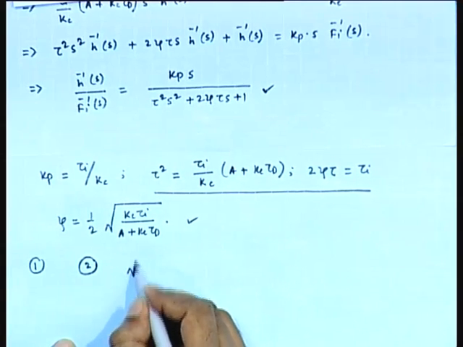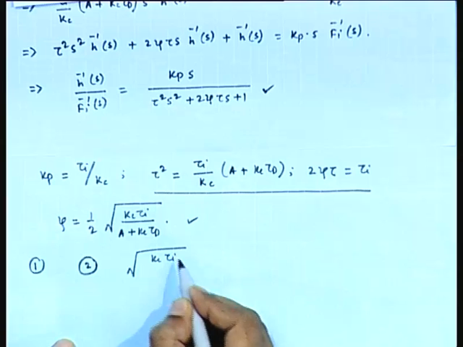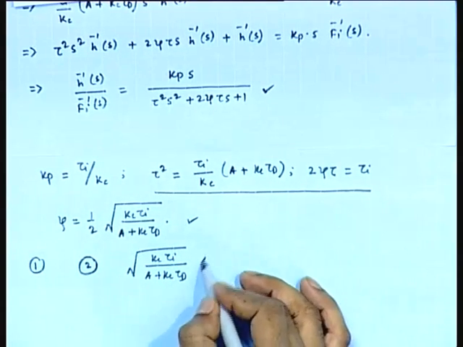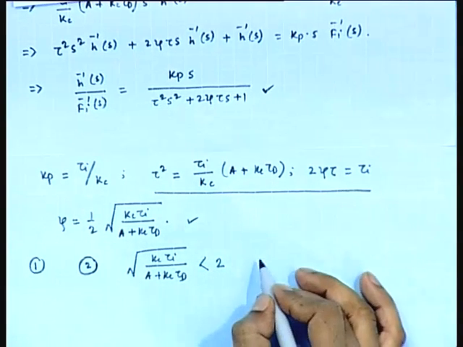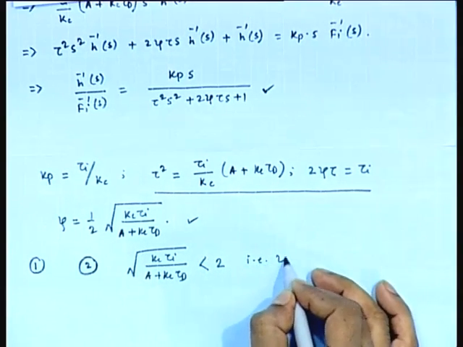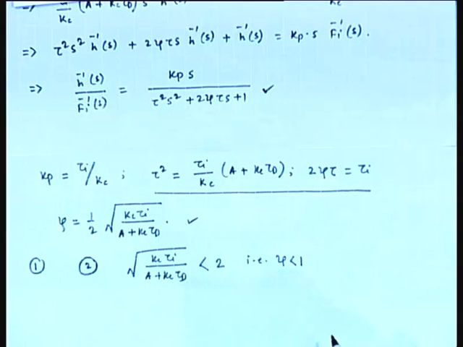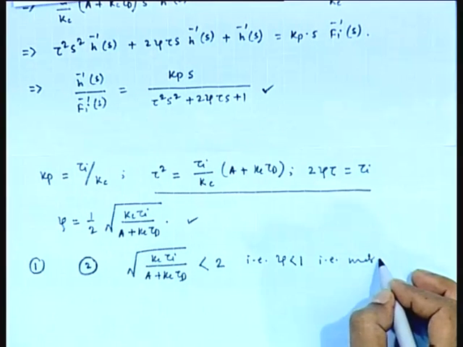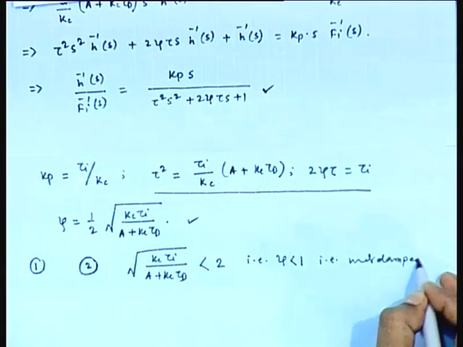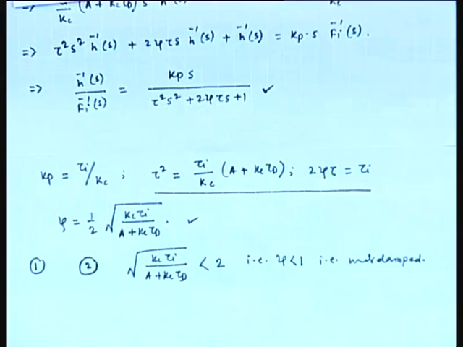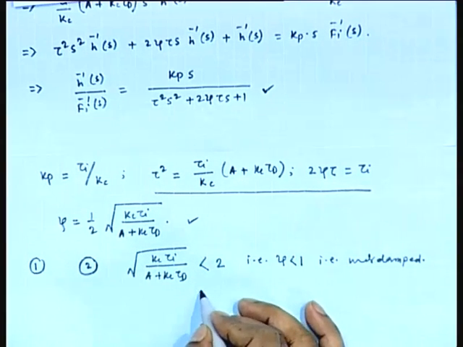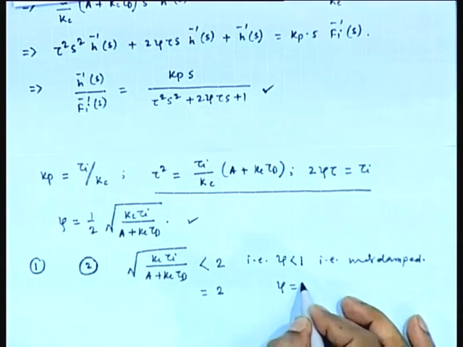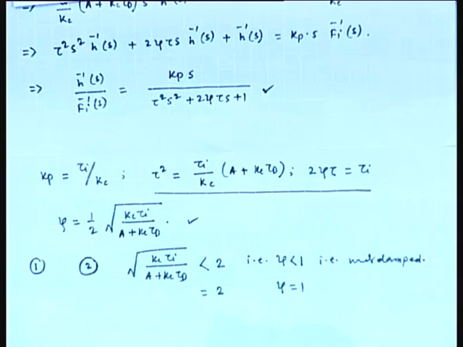If root over of kc tau I divided by a plus kc tau d is less than 2, then zeta is less than 1. That means this is underdamped response. If this is equal to 2, that means zeta is equal to 1.